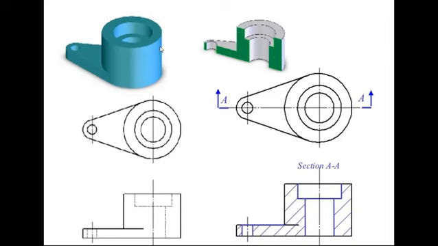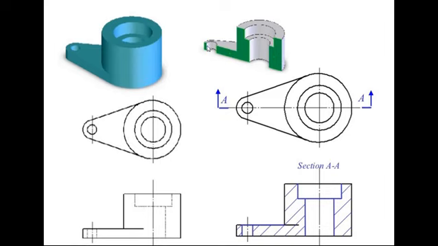This is one more example we have taken. We have drawn a top view of this object. I will take a cutting plane here. When you take the cutting plane here, I will remove whatever remains on the downside of this object, and then it looks like this.